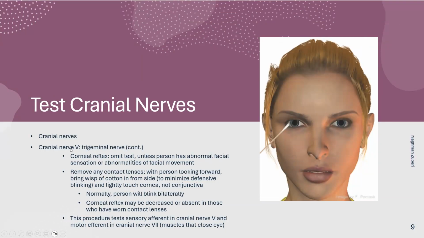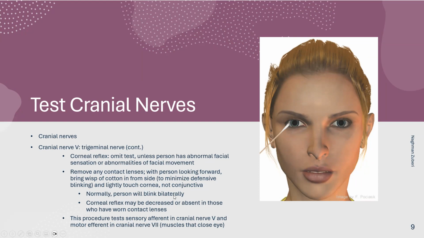Then comes the corneal reflex. Omit the test unless the person has abnormal facial sensation or abnormalities of facial movement. Remove any contact lenses if they are wearing. With the person looking forward, bring a wisp of cotton in from the side to minimize defensive blinking and lightly touch the cornea, but don't touch the conjunctiva.